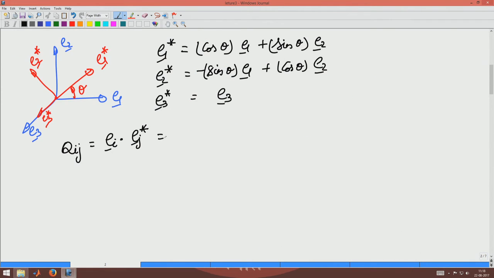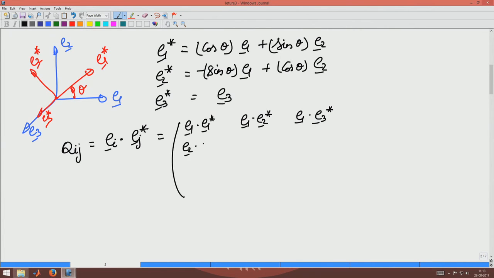Okay. So, it will be E1 dotted with E1 star, E1 dotted with E2 star, E1 dotted with E3 star.